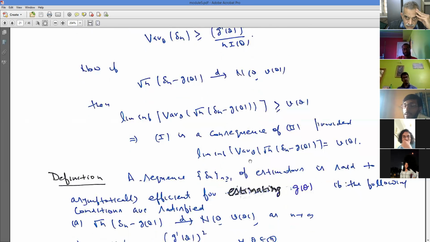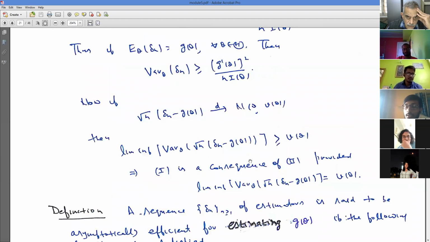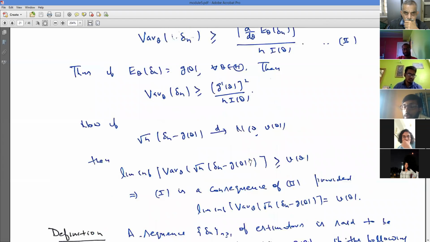Here you have assumed that the limit variance of root n delta n minus g theta is equal to v theta. For that assumption, we need delta n to be some function of x bar. It is not x bar; delta n is any unbiased estimator. But sir, in the remark, equality holds when Yn equals h of x bar.